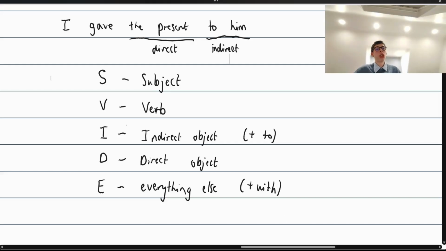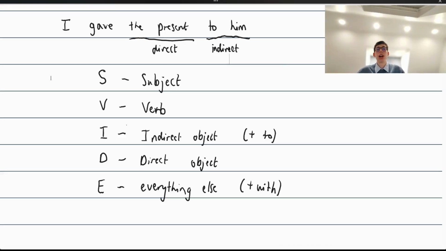In English, you could either say, I gave the present to him, as I just said, or you could say, I gave him the present, and that's a relic of when we had our own cases and our own different systems. In Wølfterek, you have to say, I gave him the present. If you say, I gave the present him, then it just doesn't work, because then you're giving him to the present. And there is no word for 2. So this word in Wølfterek doesn't exist.